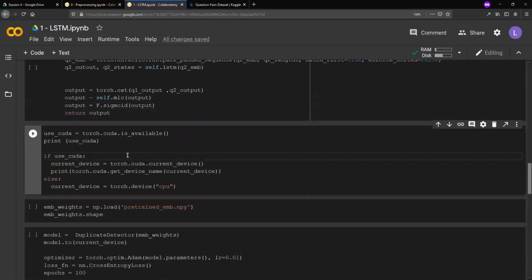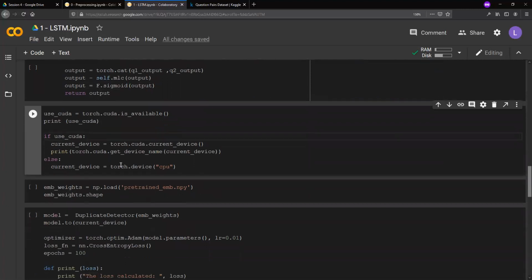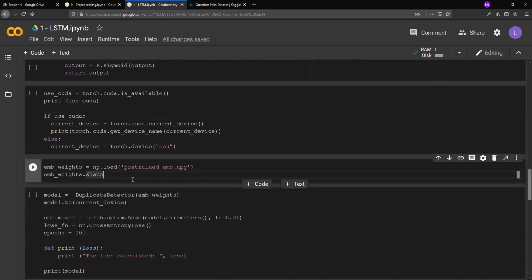These components are very similar to what we saw in session 2, trying to determine if a GPU is available or not. In this line of code, we're just going to load in our pre-trained NumPy weights.